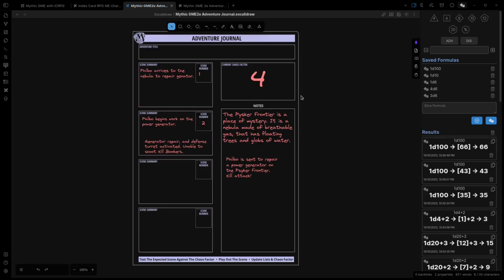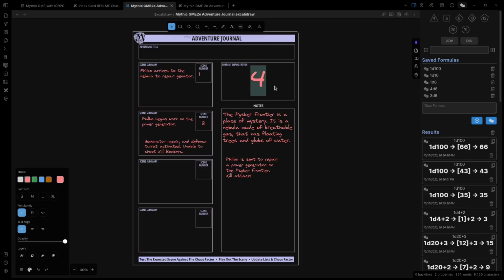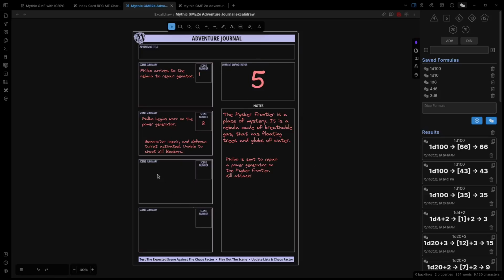So, because this scene went very poorly, we're going to crank the chaos factor back up to 5. So now I have to see if my character can repel the Zil bombers. Let's see.